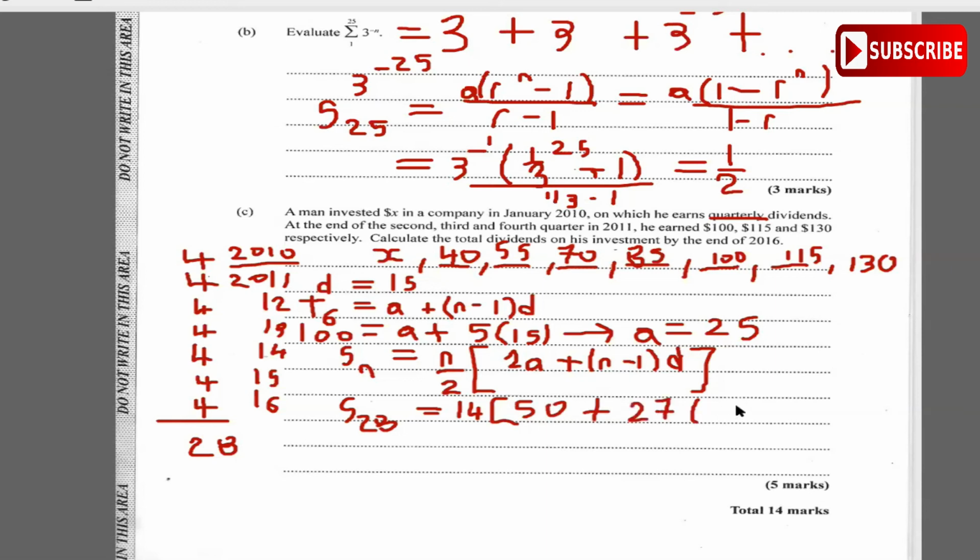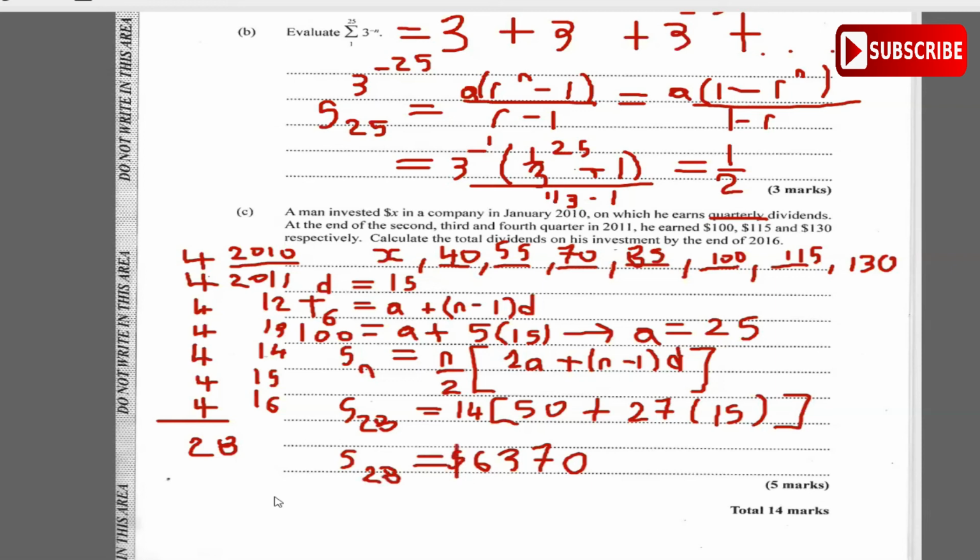All of this works out to be 50 plus 27 times 15, multiplied by 14, which is 6,370. That's S28, the total sum on the investment by 2016.